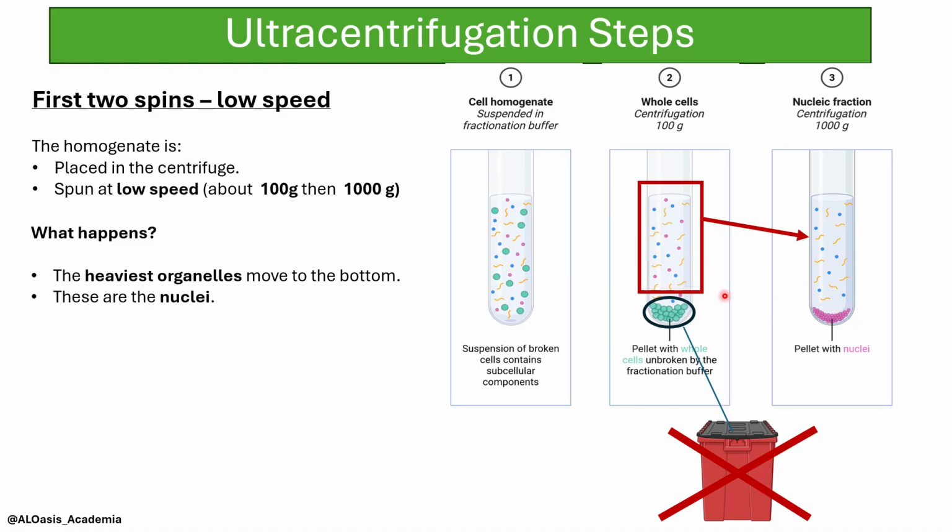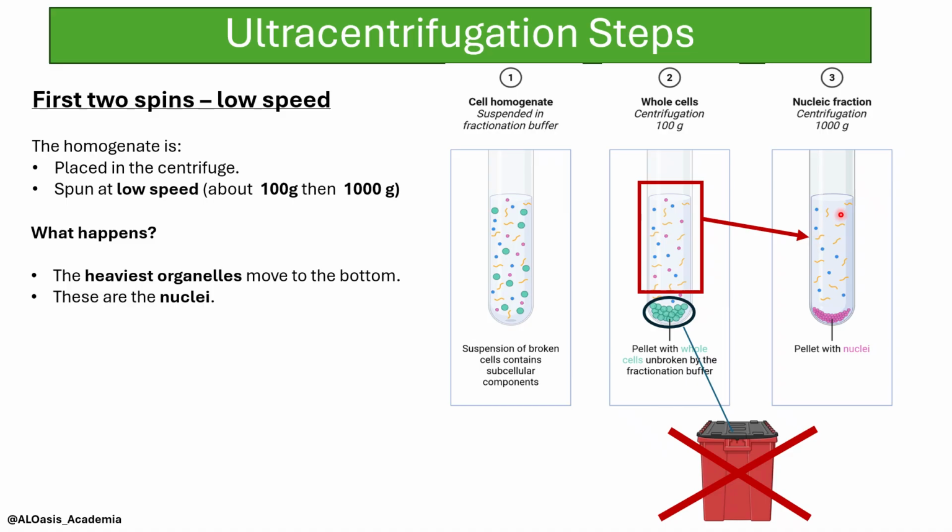So to start now extracting and separating our organelles one by one, what we do is another spin, but this time the centrifugation is going to be at 1000 G. And here you need to remember that during centrifugation the heaviest organelle moves to the bottom first, and the heaviest organelle in the cell is the nucleus.